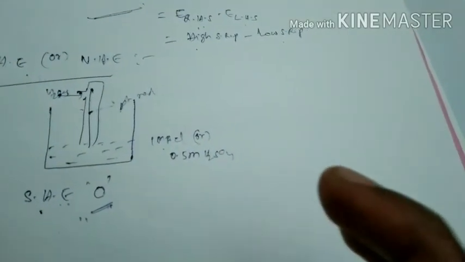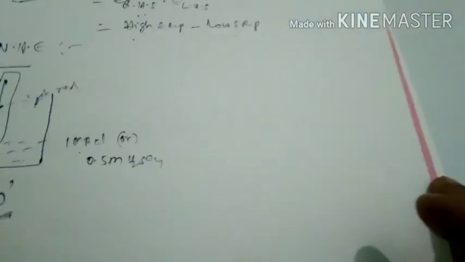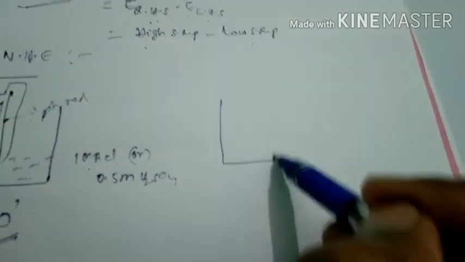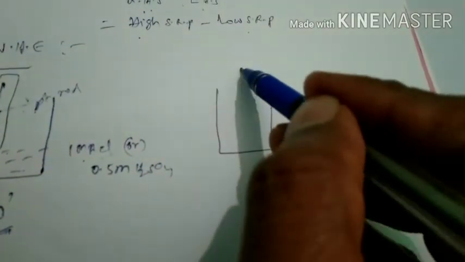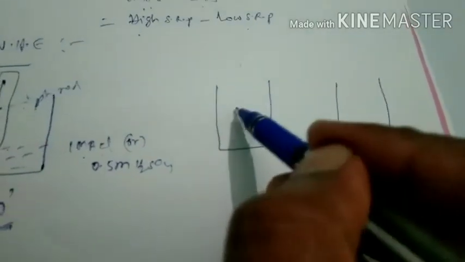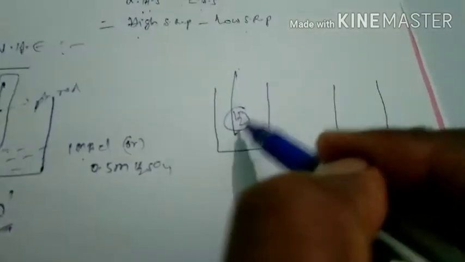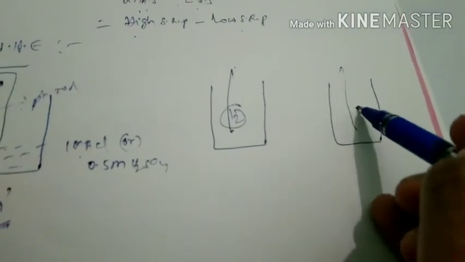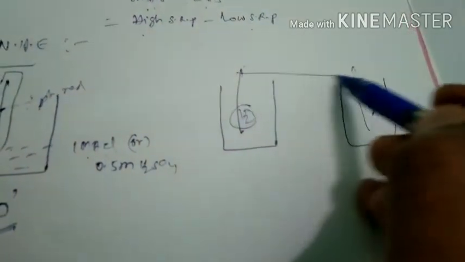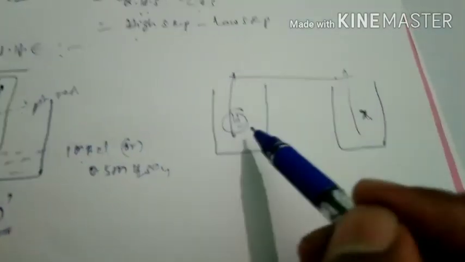constructing a galvanic cell. That means, suppose this is a galvanic cell. Let us assume this is the hydrogen electrode, that means a platinum rod is there. Here we don't know, I put X metal. When these two metals connect externally, what happens?